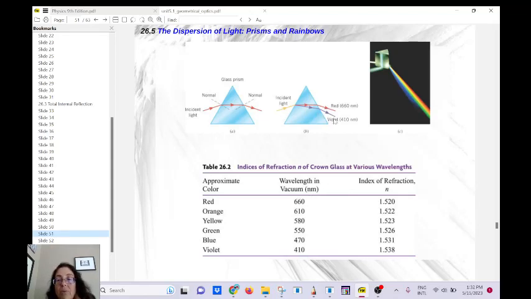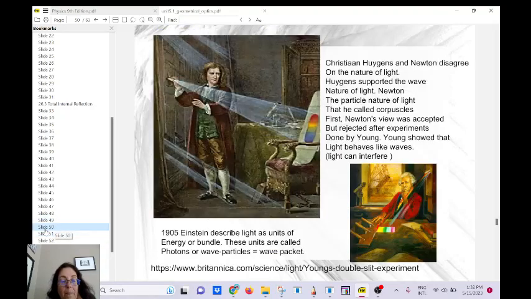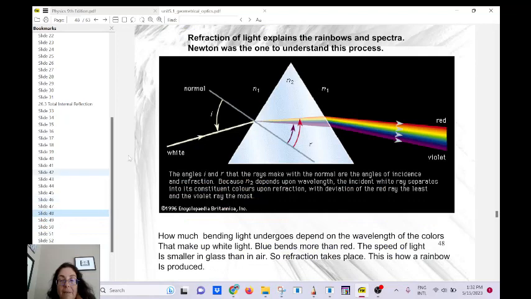You see blue or violet is more refracted than red here, and the wavelength, of course, is different. So that's interesting. The distance here will be called the dispersion. And for a diamond, it depends on the material.